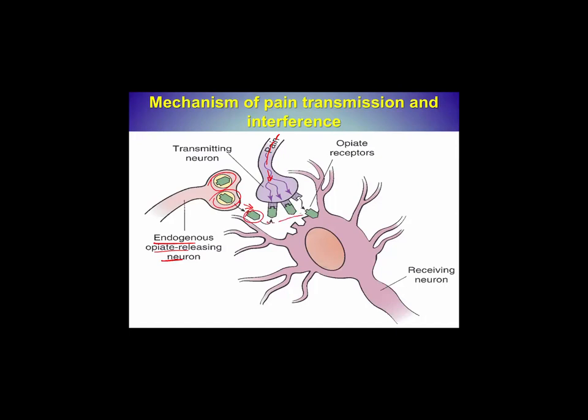These opiates interact with opiate receptors, and instead of being activated by pain information, these receptors are already blocked, so pain signals are not able to be transmitted to further structures, to the receiving neuron. So basically these endogenous opiates block the transmission of nerve impulses.